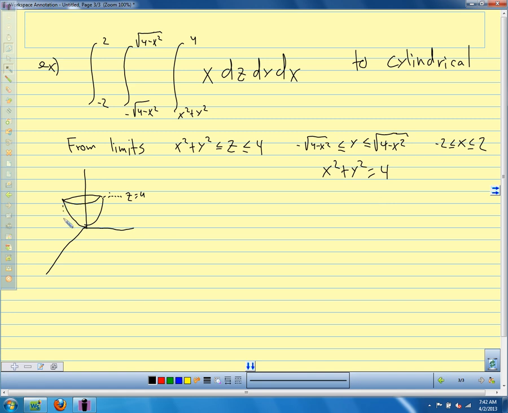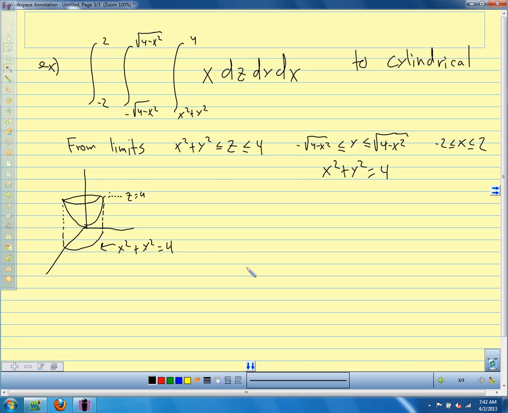So if I project this down onto the xy plane, the circle in the xy plane is x squared plus y squared equals 4. And negative 2 less than or equal to x, less than or equal to 2. Well, our radius of our circle is 2. So x is varying from negative 2 to 2. I just sketched the circle in the first quadrant.